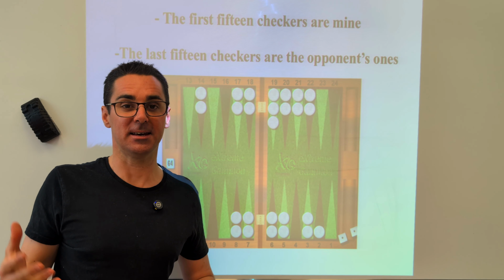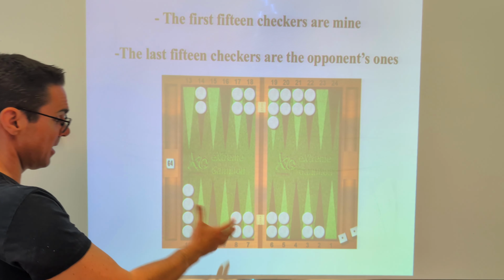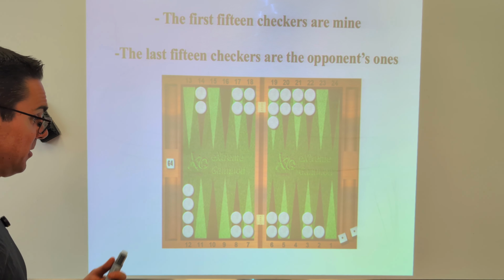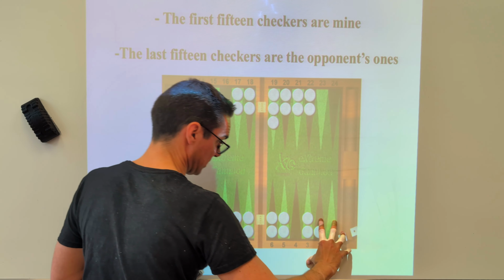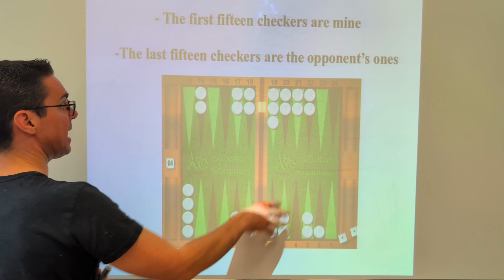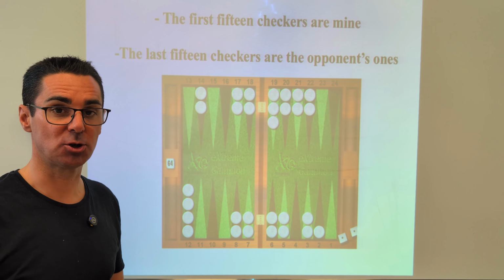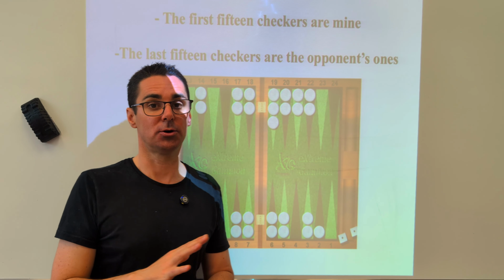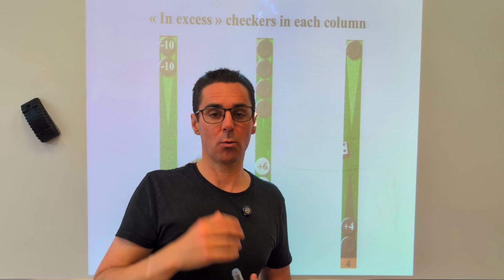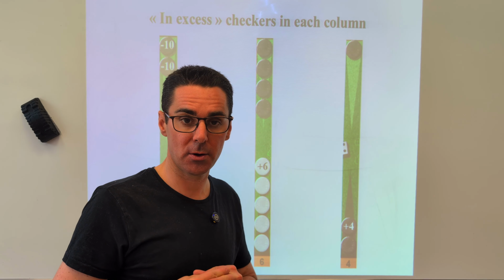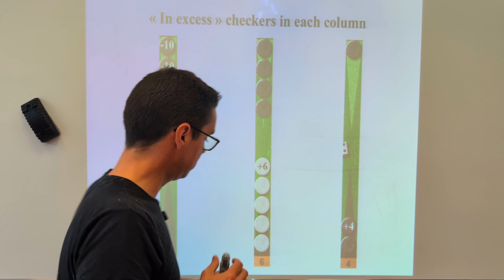To make it funny, you can even imagine that all the checkers are the same color, and the first 15 checkers are yours, and the last 15 checkers are the opponent's. Color doesn't matter anymore. How are we going to compute, and what numbers are we going to use?